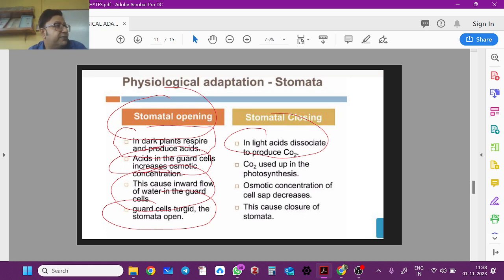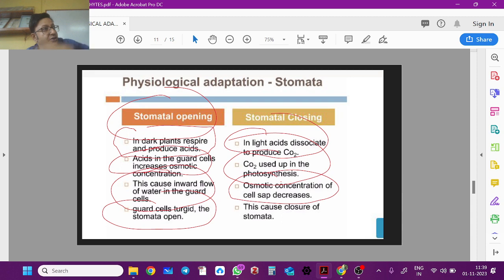Glucose, carbon dioxide, oxygen are produced. So the CO2 is used up in photosynthesis. Then osmotic concentration of cells decreases because the acid has been broken down and CO2 has been taken up.